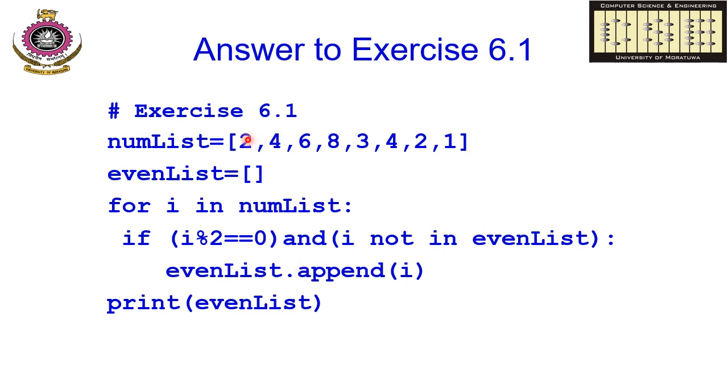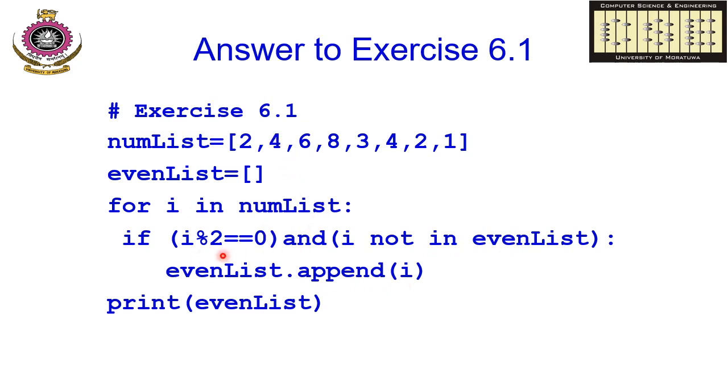Think about it. In the first iteration, 2 will be coming. 2 modulo 2 will be 0. That condition is fulfilled. Is 2 in the even list? No, because nothing is in the even list right now. So both these conditions will be satisfied and 2 will be appended to the list. And then comes 4.